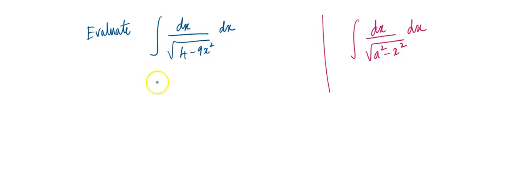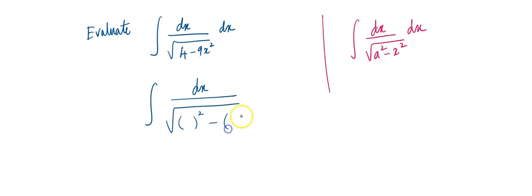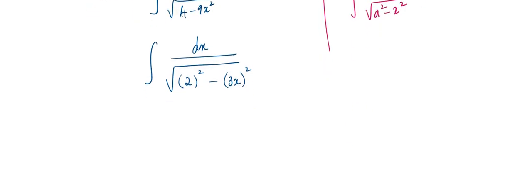So then we have to, once again, take it into this format. You want something squared minus something squared to make it resemble this format. So that's going to be 2 squared and 3x. Still, it's 3x, not just a plain x, for us to directly apply the rule. And so we have to use the substitution method.